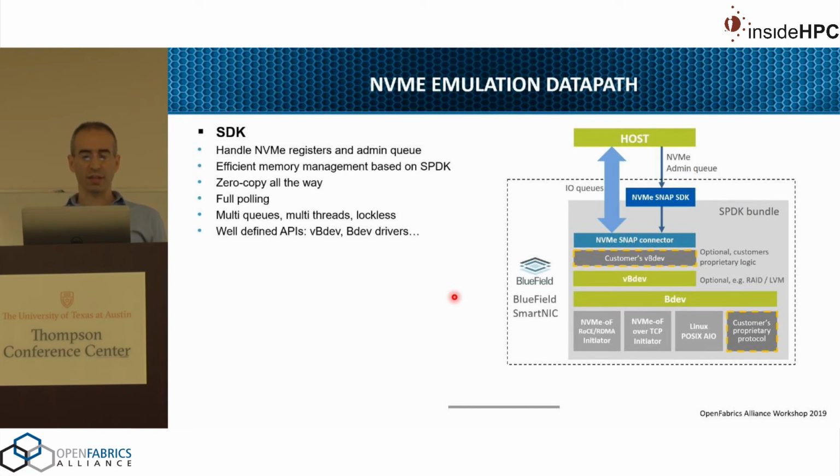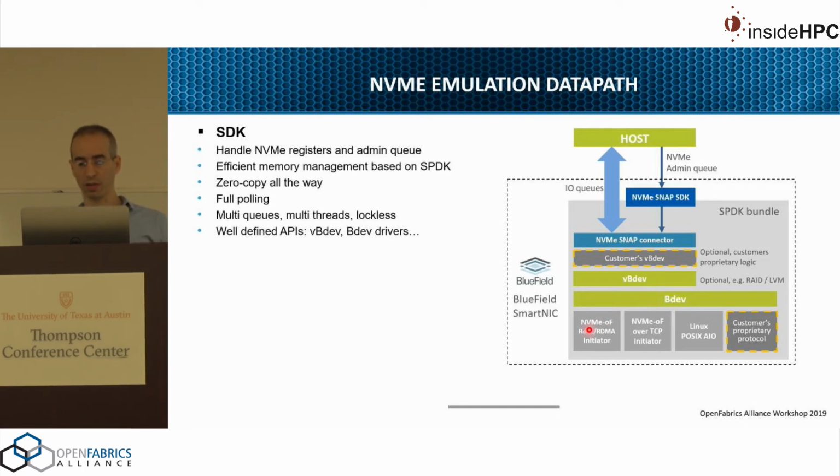And the last slide is about the SDK. So the SDK is mainly on top of SPDK. We are actually able to map an NVMe emulated device into the SPDK virtual block device, the VBDev. So essentially, you can map any emulated NVMe device to any SPDK block device.